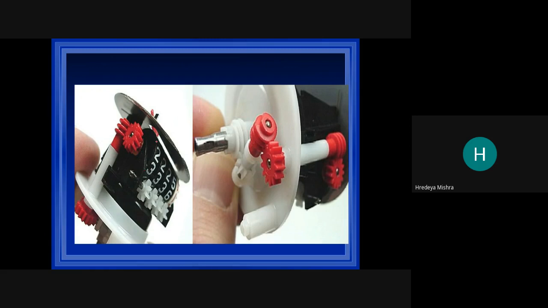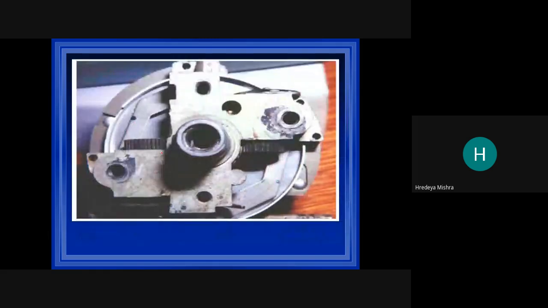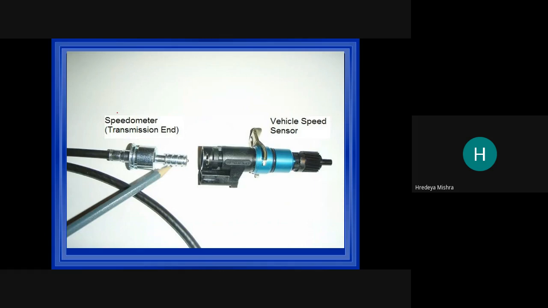This is our meter. This indicates how many kilometers the vehicle is running. This is attached to the wheel to calculate the speed. Now, the speedometer transmission in and the vehicle speed sensor are connected to each other.